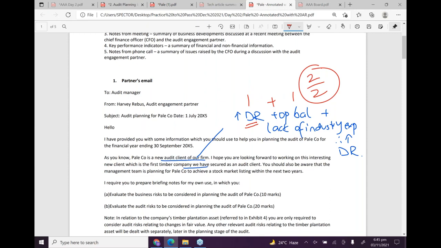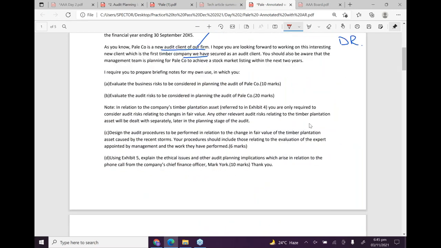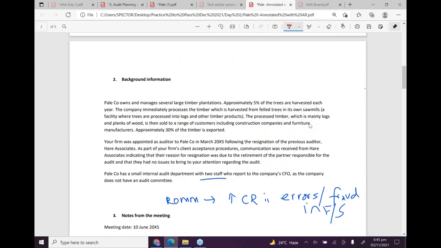So remember, you have to talk about lack of understanding of client. Otherwise, you won't get the first mark, and then you'll have to mention opening balances being under or overstated. Otherwise, you won't get the second mark. So this is normally a 2-mark answer as long as both aspects are covered. So out of 20, 2 marks for talking about this one.